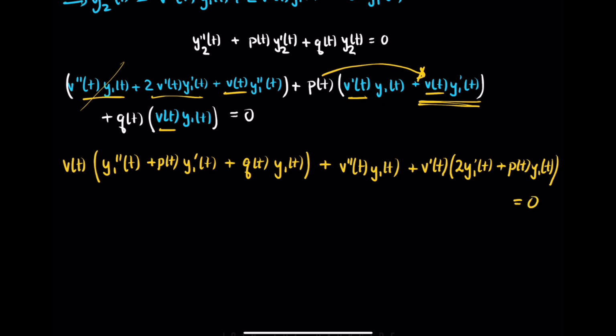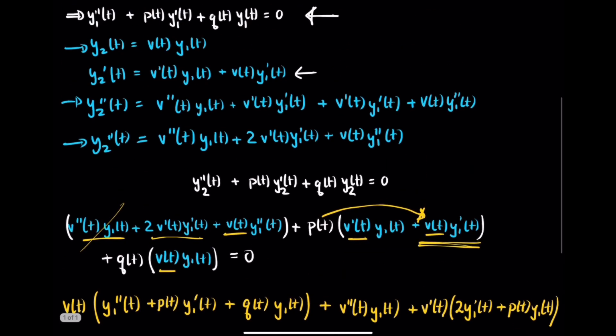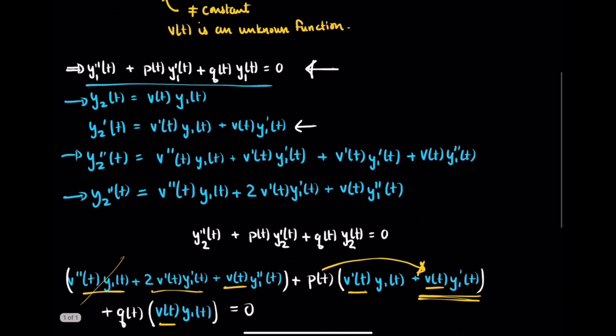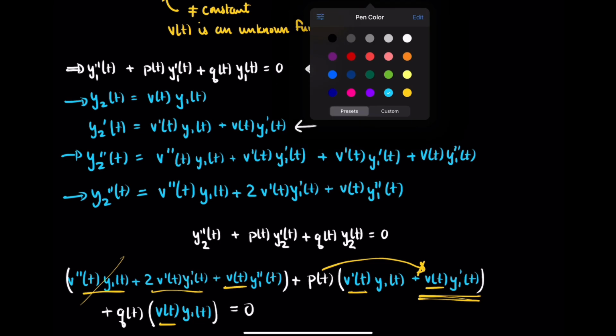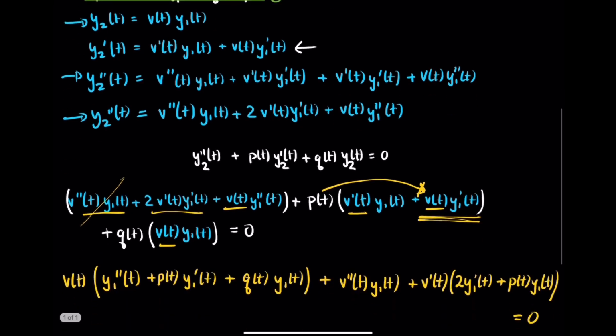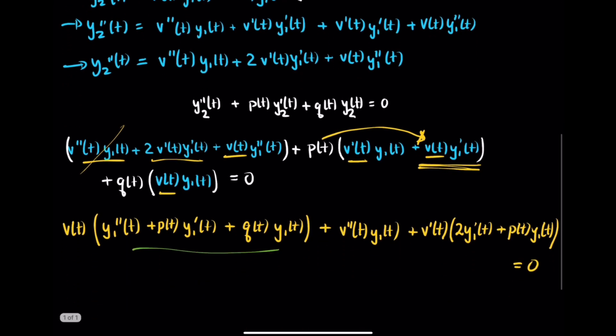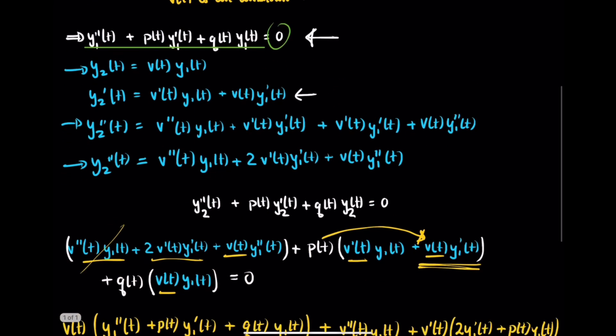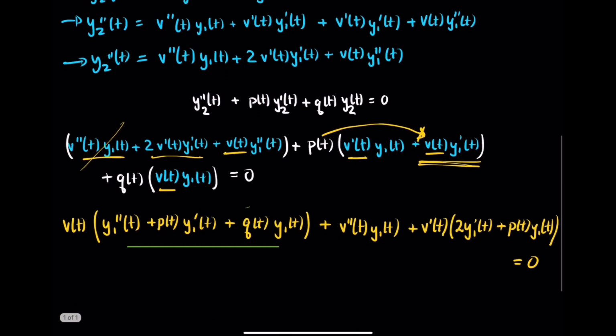And so now remember what I said up here. We're going to use this fact. We know y1 is a solution, and therefore this expression is equal to 0. We grouped it in such a way where we have the same thing up here, so this whole first term is equal to 0.